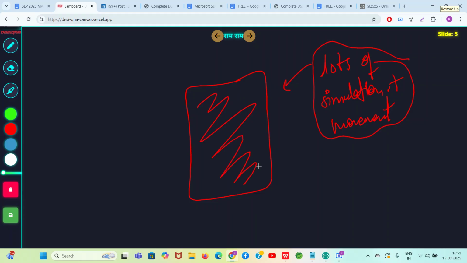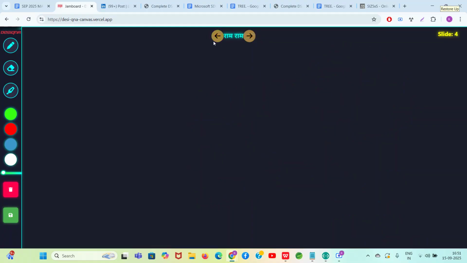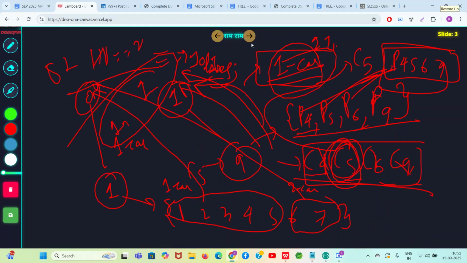So when on the tree or array lots of simulation movement is happening, what you can do is just focus on the total movement happening between the adjacent values of the array, or between the edges of the tree. So in this question, you can just focus on each edge of the tree and the problem will get solved.